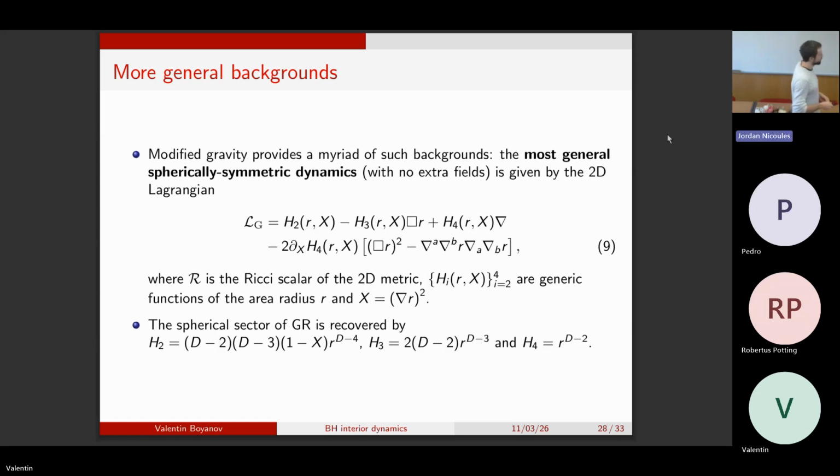But with this Lagrangian, we can basically get the most general second-order equations, which, well, in the absence of extra fields, can represent the spherical sector of higher-dimensional spacetimes. I'll not stay too long on this.